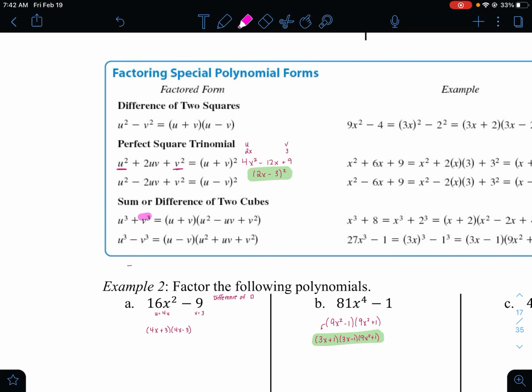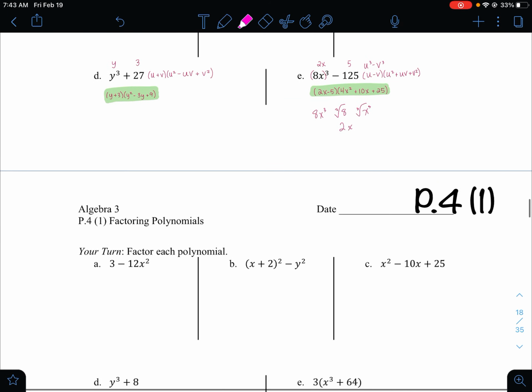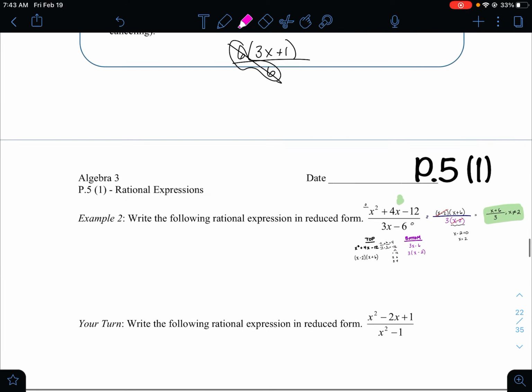We are going to have both of these, the sum and the difference of 2 cubes. Okay, so don't forget that. We also are going to have the difference of squares, but usually people are okay with that. And then we have a regular trinomial. Okay. So don't forget those 2 things there. It's what I'm going to be working with to finish this problem.